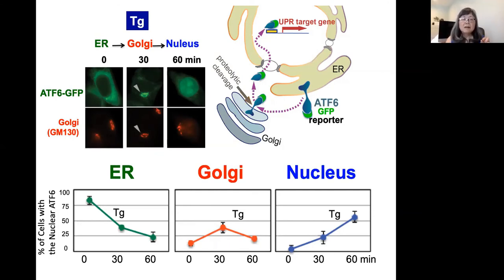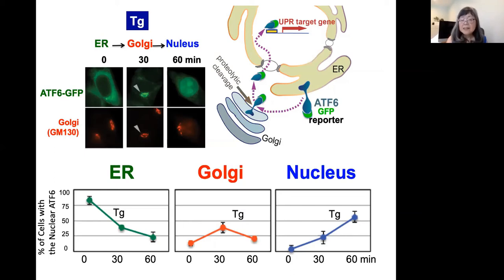Furthermore, by quantitating this fluorescent level, particularly the nuclear localized GFP, we can again assess the kinetics of the activation and also the extent of overall level of ATF6 activation.